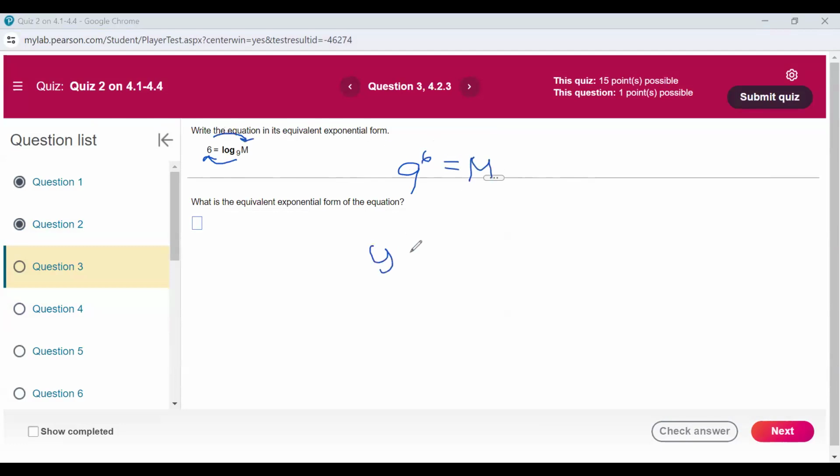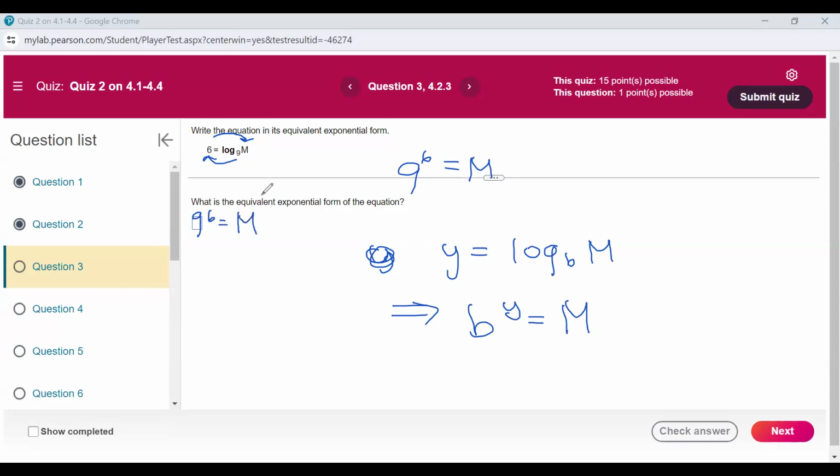Just remember, it's y equals log base b of n. Exponential form is b to the y equals n. So you would type 9 to the 6 equals m here. And you're not solving, you're just rewriting it into exponential form.